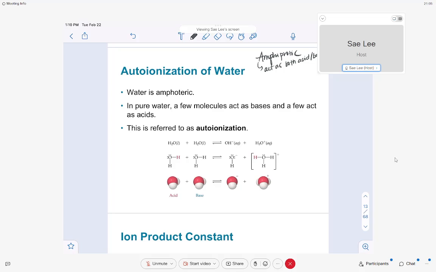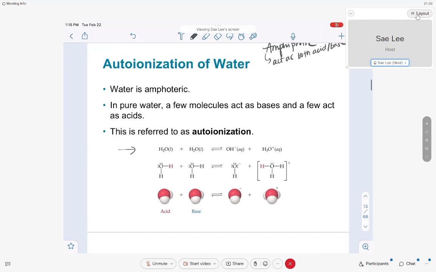Under the presence of acid, water can act as a proton acceptor. So water can accept a proton from acid. Under presence of base, water can act as a proton donor. So water can donate its proton to the base. And in fact, one water molecule can donate a proton to another water molecule.